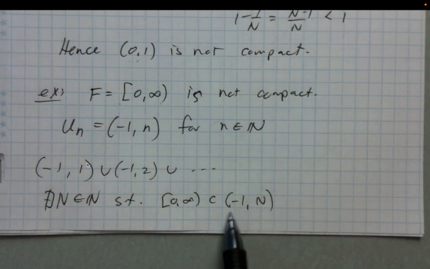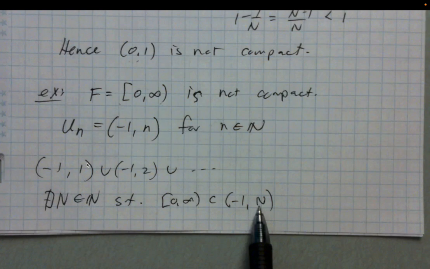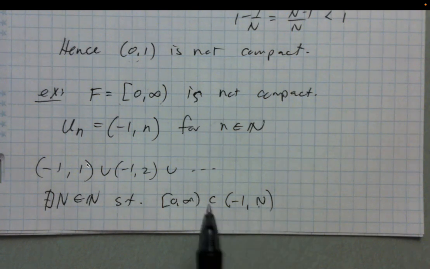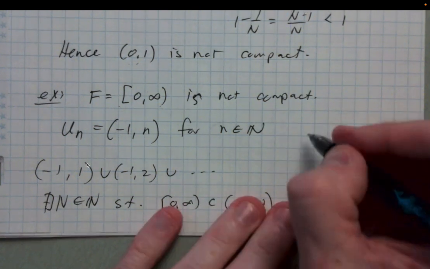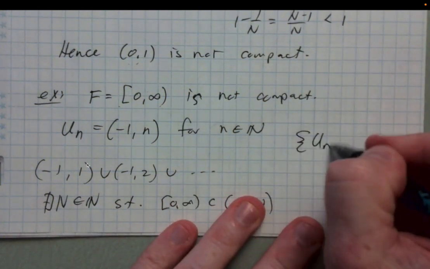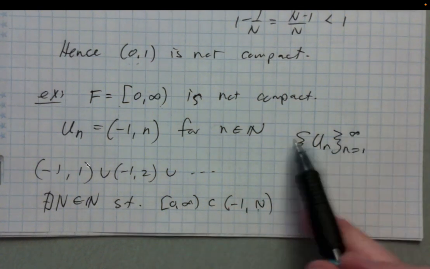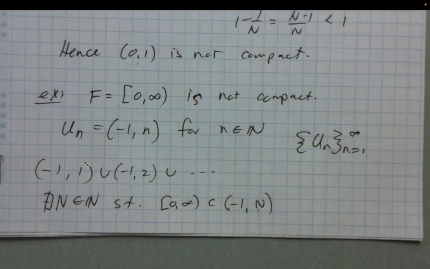There are obviously going to be numbers larger than n which this doesn't include. And so this is an example where U sub n, n equals 1 to infinity, is an open cover for which there is no finite subcover.